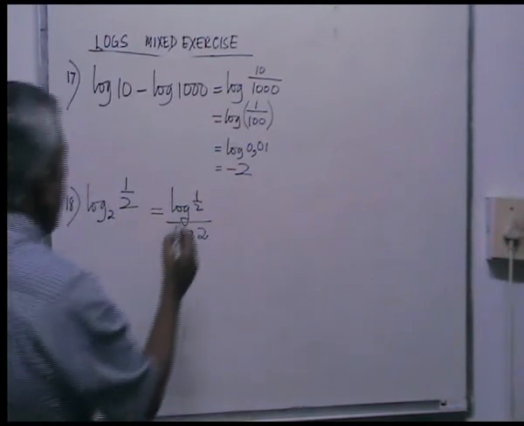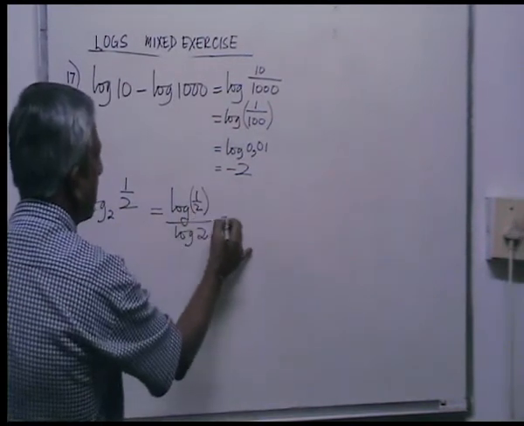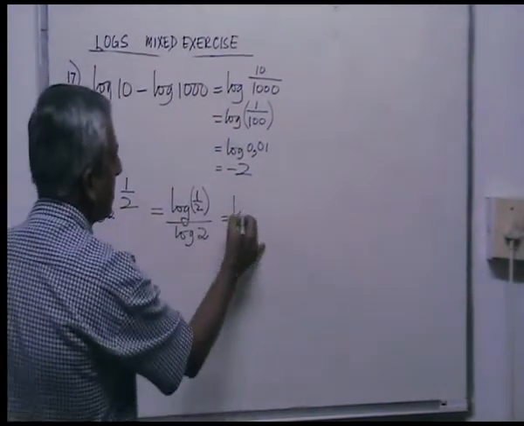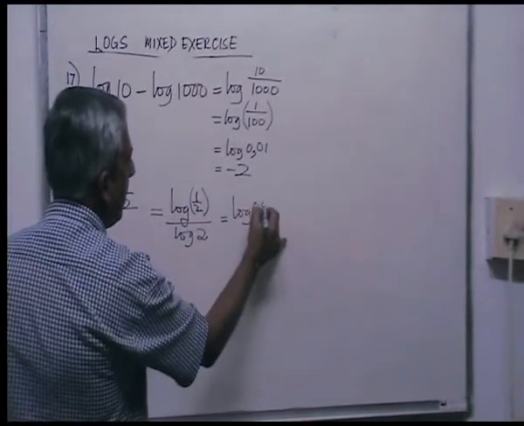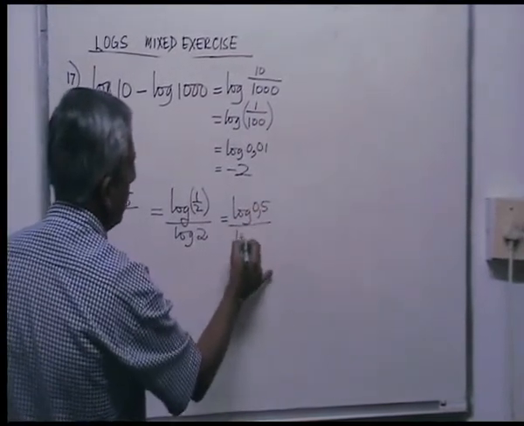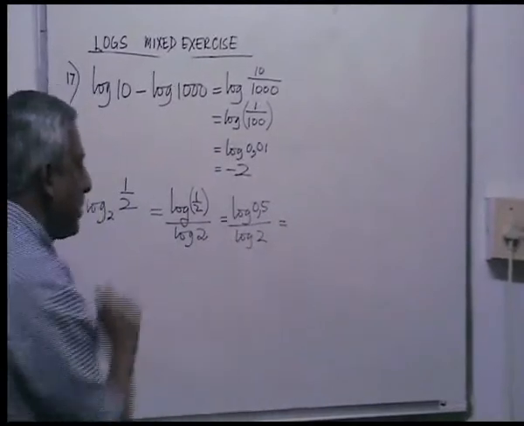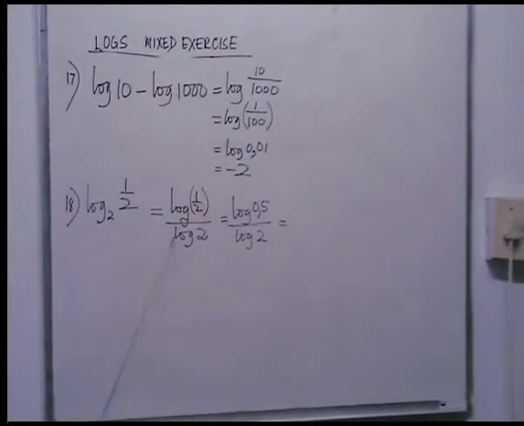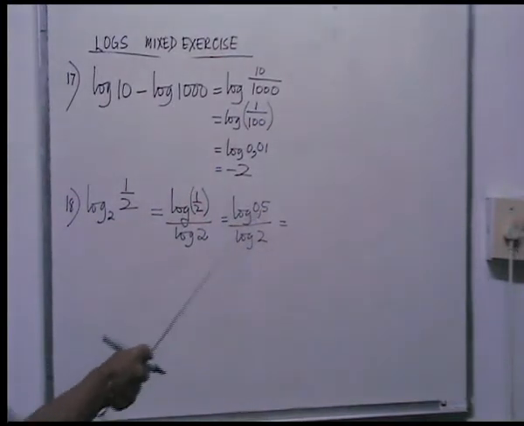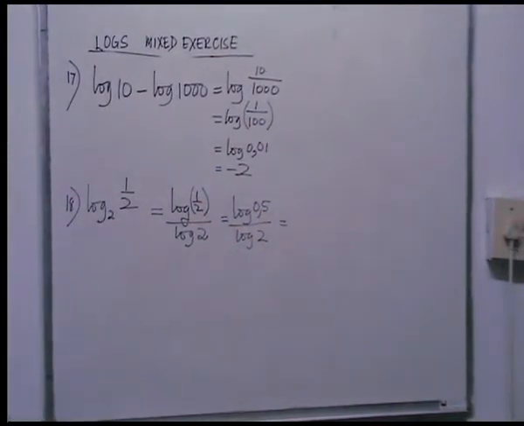Right? Again, sometimes you might just make a mistake. So it's better for you to write this as log of 0,5 over log of 2. It's better to write it like that and then put it in the calculator, because half is 0,5. Log of 0,5 over log of 2.